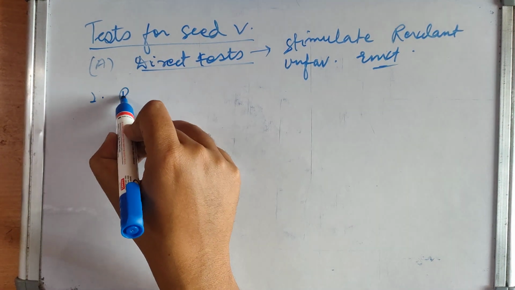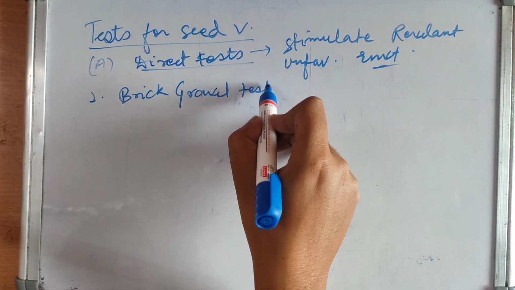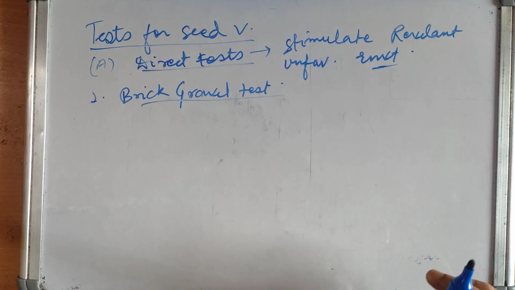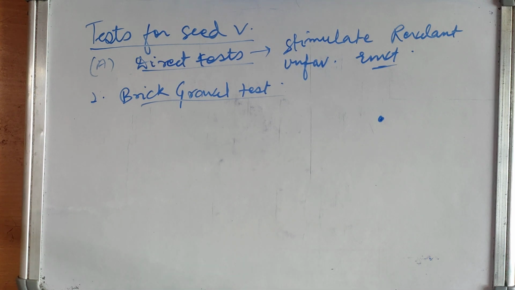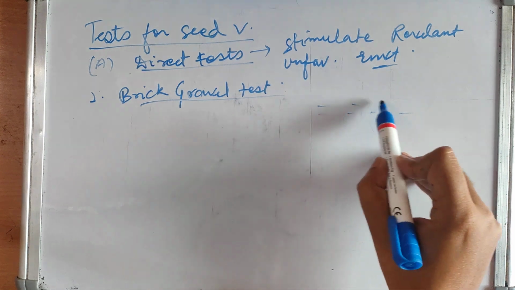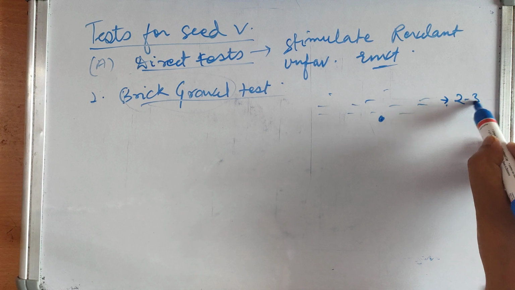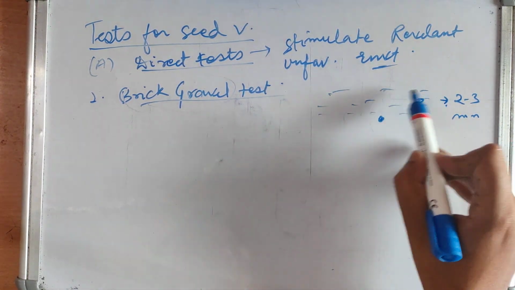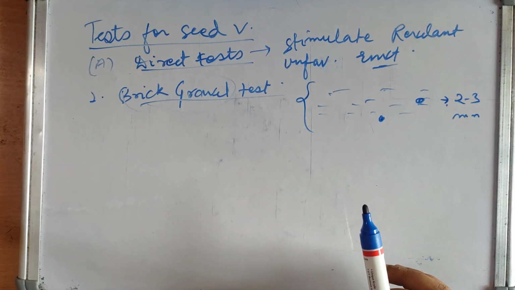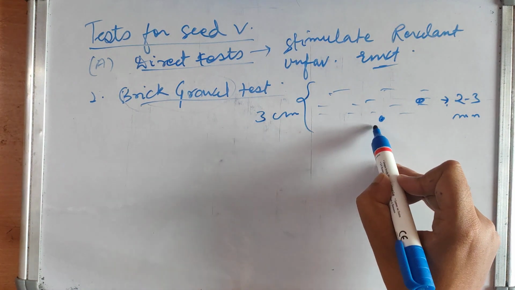So first one is the brick gravel test. First of all, we plant a seed and then we put over the seed this porous brick and gravel of around 2 to 3 mm size, and this covering should be about 30 mm, that is 3 cm, above the seed.